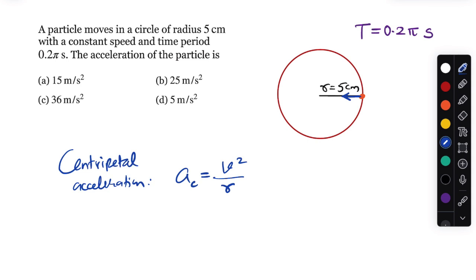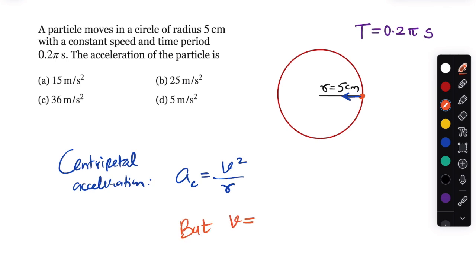But we cannot use this expression right away because we are not really aware of what the speed of the particle is. We know that the speed is constant, but we don't really know what the value is. So let's see if we can use the given information to change this expression to fit a form that can be used directly from the given data in the question.